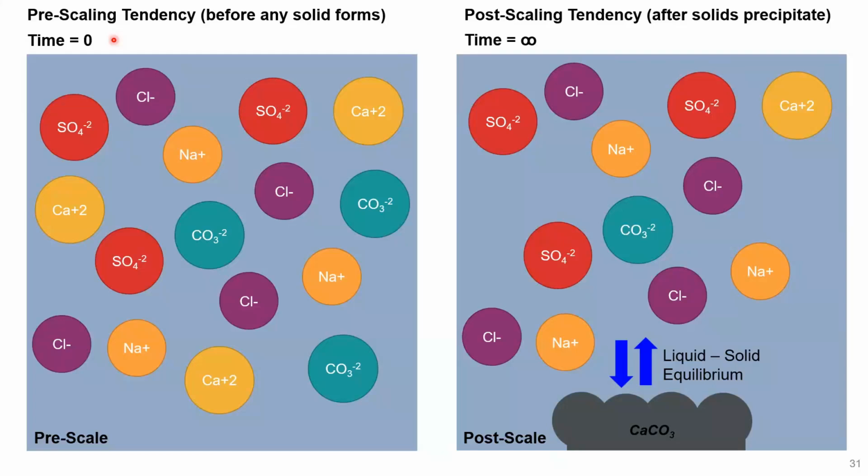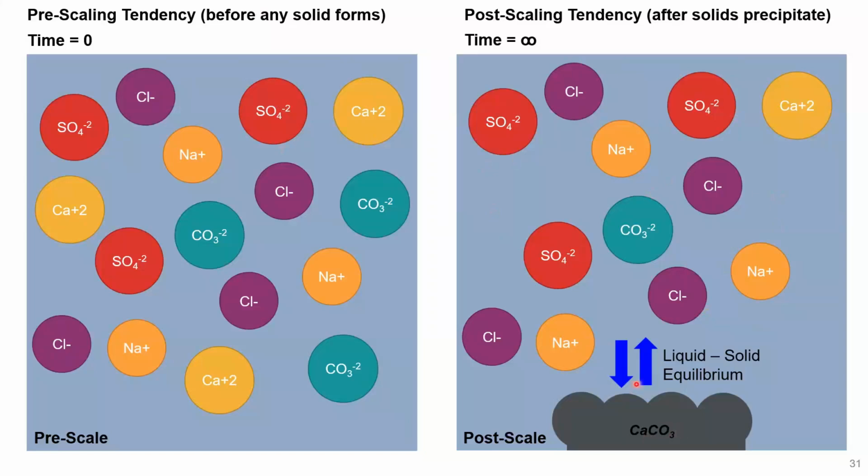That solid now will be in equilibrium with the solution, but it has taken some of those ions to form the solid. So you now have less availability of ions in solution. So the post-scaling tendency value is going to be different than the pre-scaling tendency value because now you have less availability of the ions that you had before, because you formed this solid.